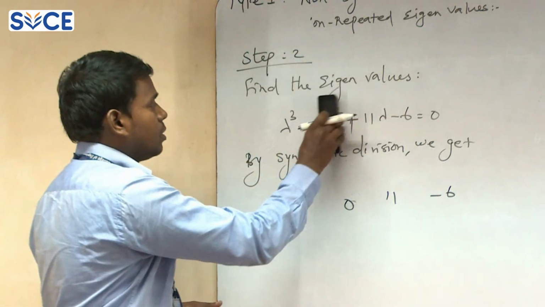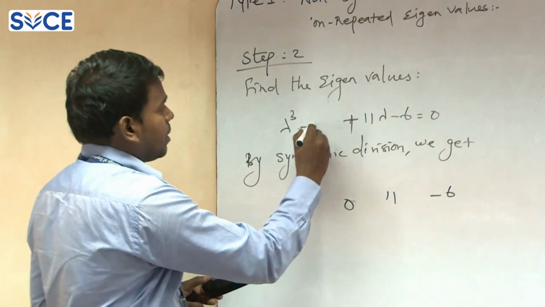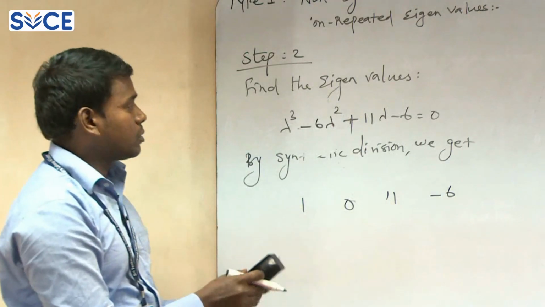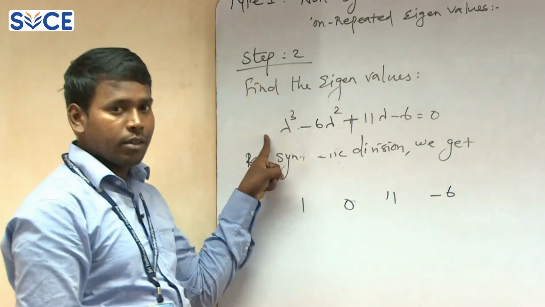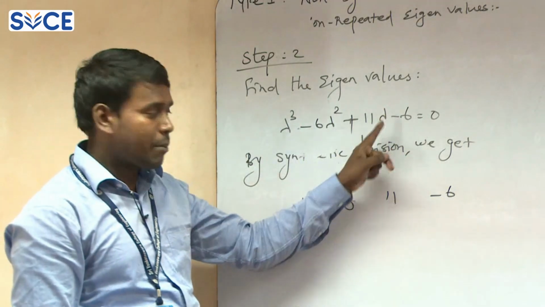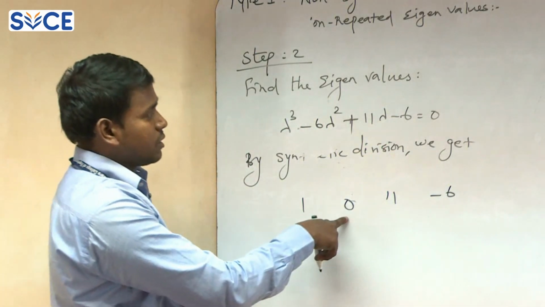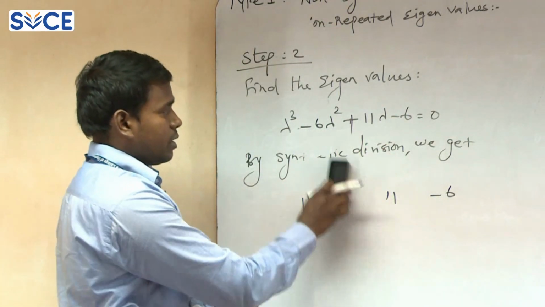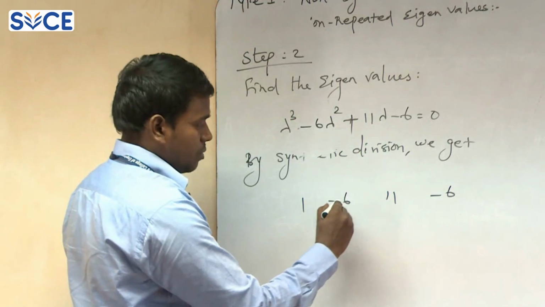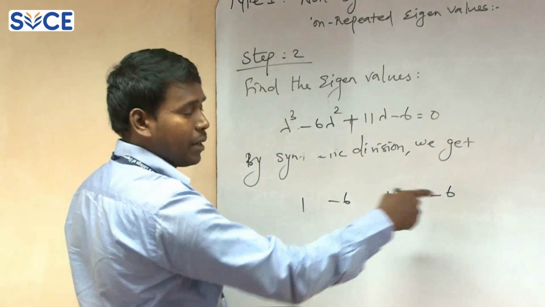Clear? So if a term is missing, write 0 for its coefficient. Here it is 1, minus 6, 11, minus 6.